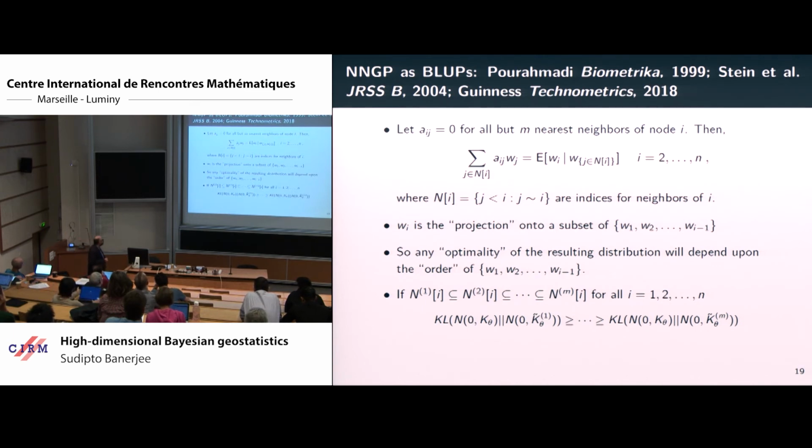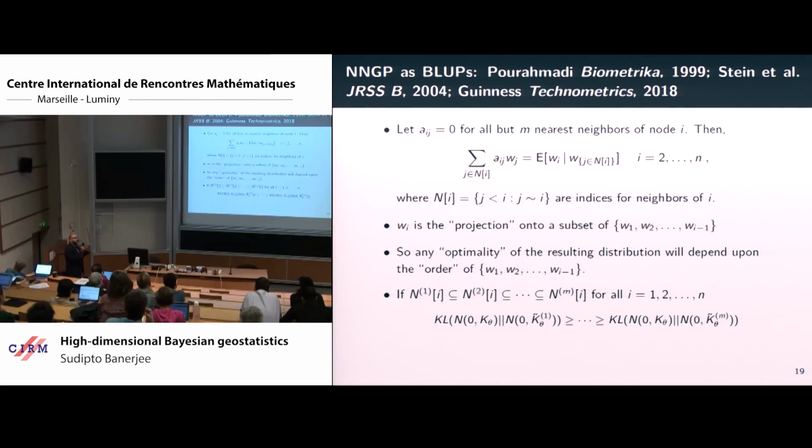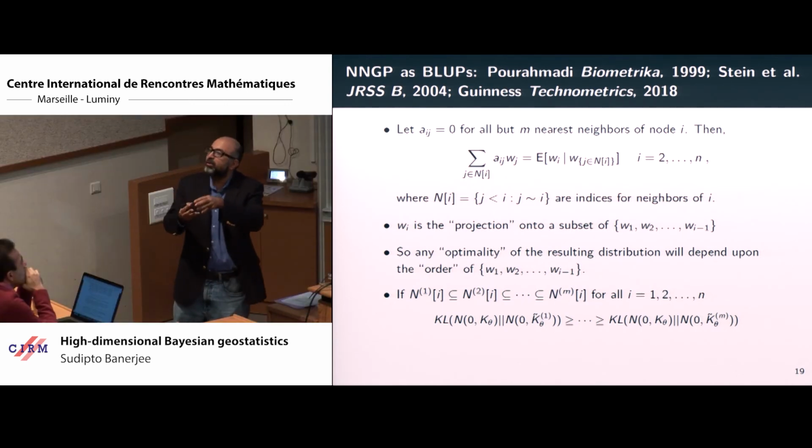Bad news number 2 is that if you take a sequence of models where the neighbor sets are increasingly sparse, so that means going from right to left, it becomes increasingly sparse, then the Kullback-Leibler distance between this NNGP likelihood or the Vecchia likelihood and the true multivariate full Gaussian process likelihood is going to keep increasing, obviously, because you're projecting onto a smaller set.